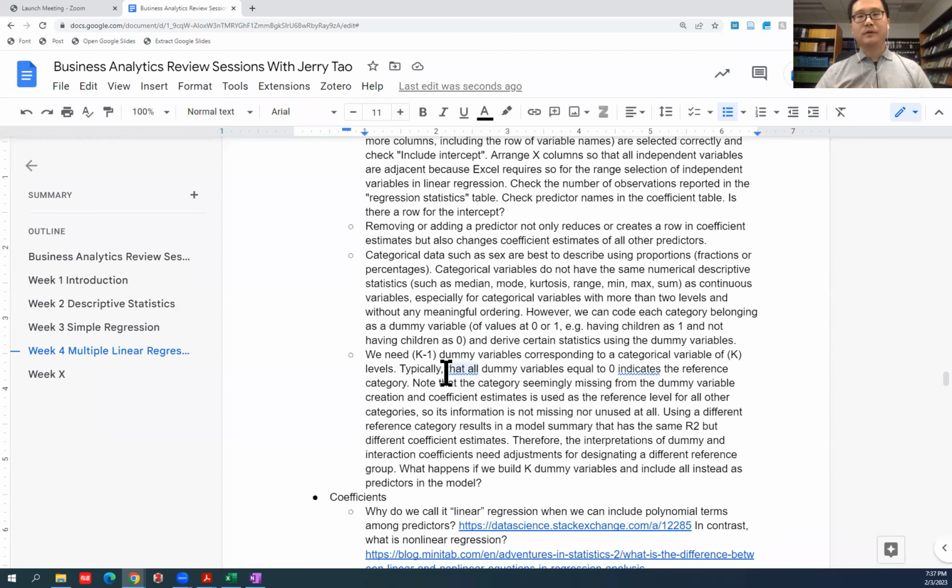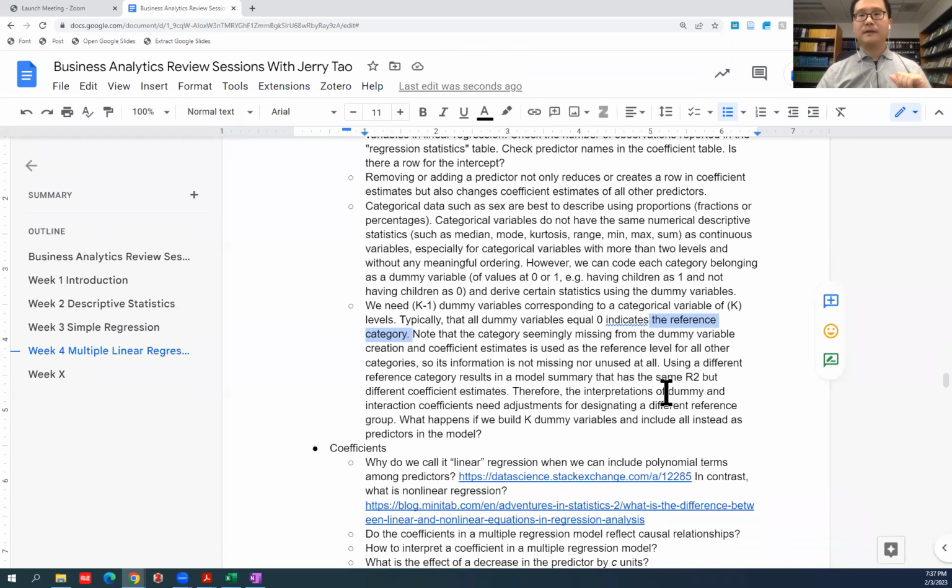When all dummy variables equal 0, it indicates the reference category. So this category that's seemingly missing from the dummy variable creation or coefficient estimates is used as the reference level for all other categories. So its information is not lost. We still use the information in modeling.